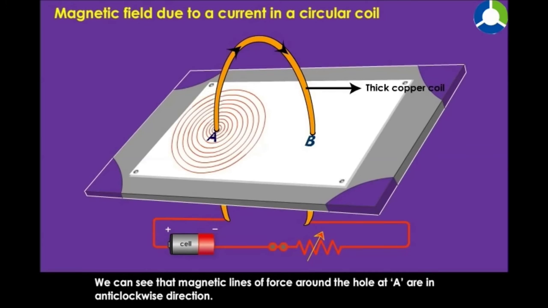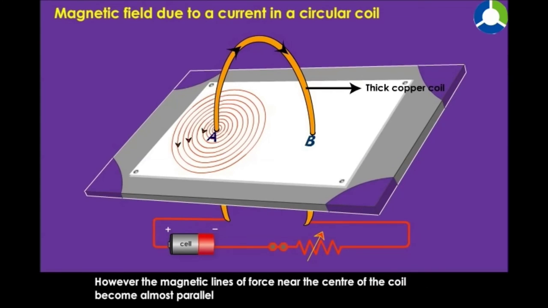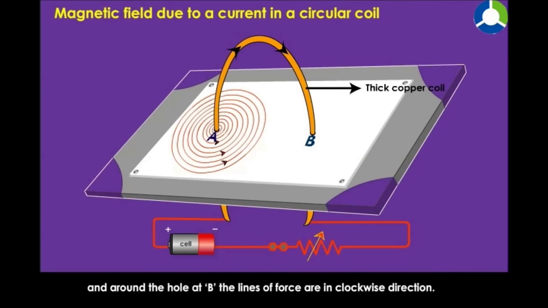That shows there is a magnetic field around the current carrying circular coil. Of course, its direction can be given by the right hand thumb rule, but here the direction of current in the coil is shown by curling fingers and the thumb indicates the direction of magnetic field.